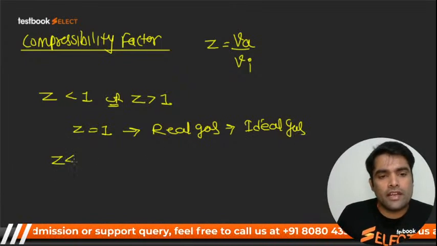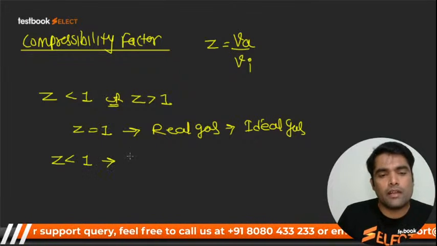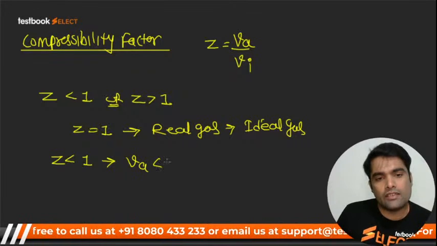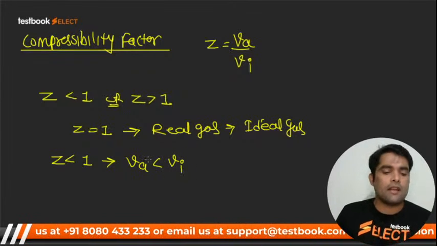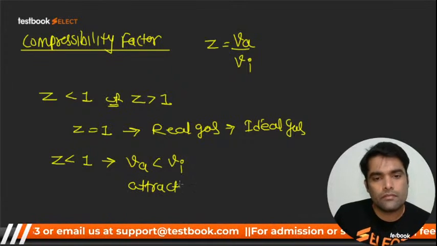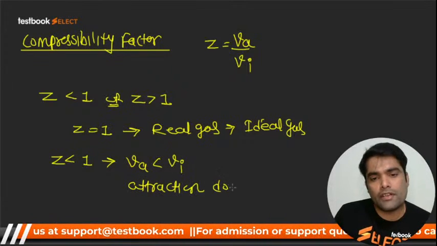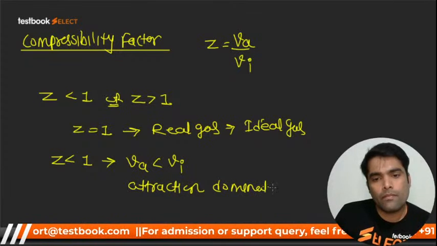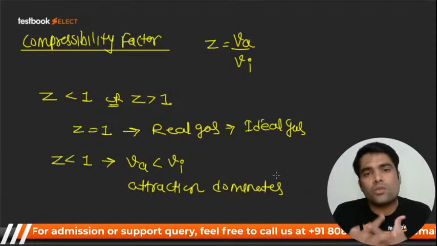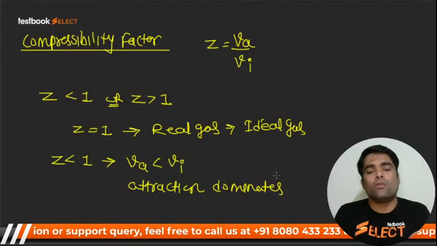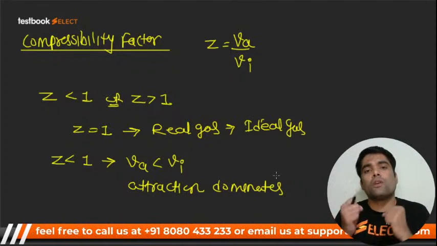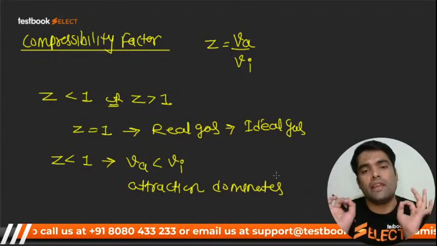But remember, when Z is less than 1, it means what, my dear? It means VA is less than VI. That means, my dear, attraction dominates. That means if the volume of the actual gas, that is real gas, is quite less as compared to ideal gas, that means the force of attraction between the molecules will be very high.